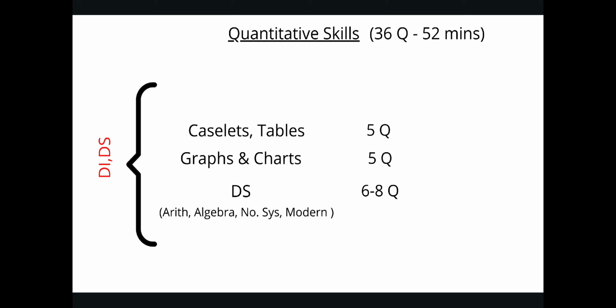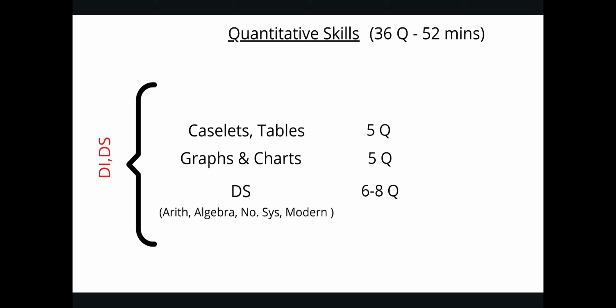And in data sufficiency, you don't need to focus particularly on data sufficiency, because once you are clear with all the basic concepts of arithmetic, modern maths, number system, and algebra, those are the areas in which data sufficiency tests.